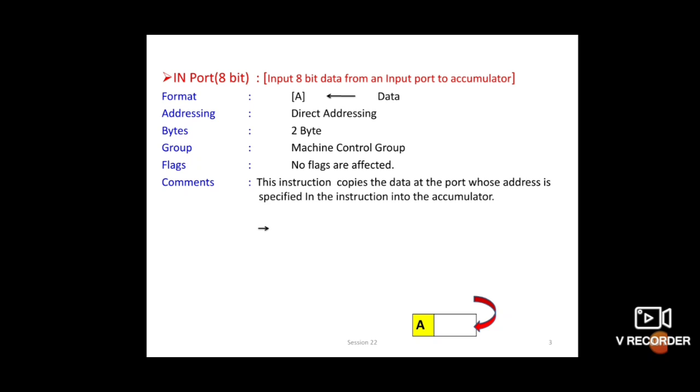Always remember, students, whenever data is transferred from one location to another, from port to accumulator or accumulator to port, it cannot be transferred directly to the processor. Always data is transferred through the port, whether data is sent to an output location or received from an input location.